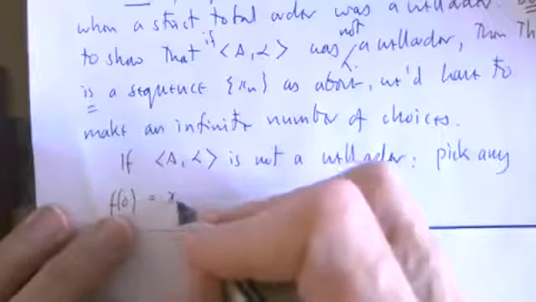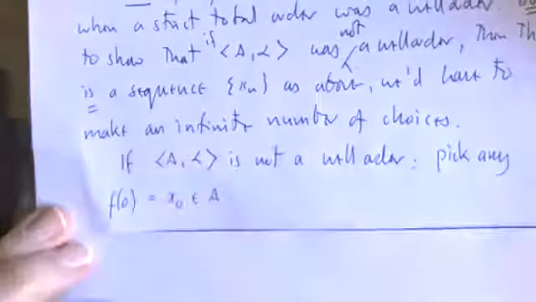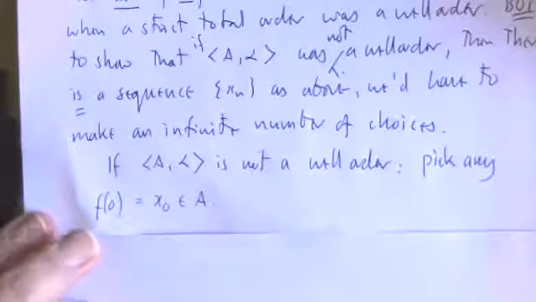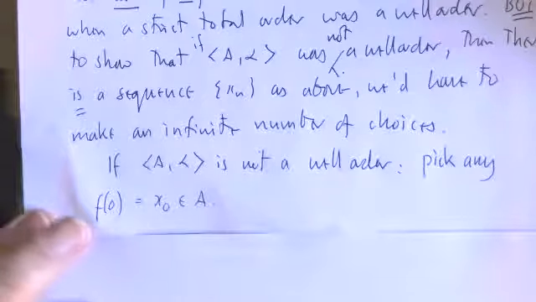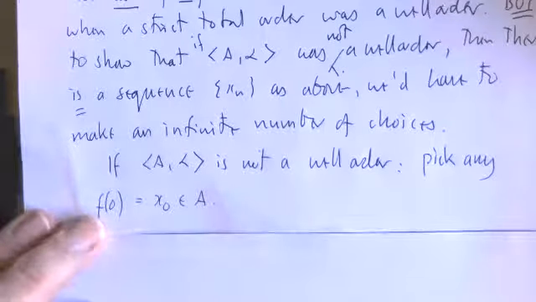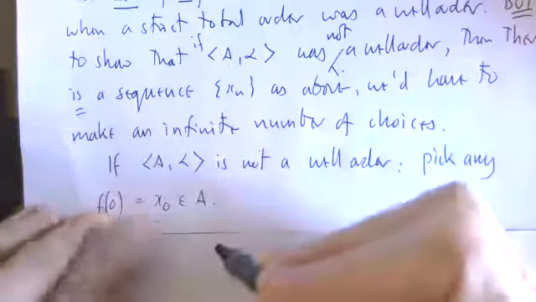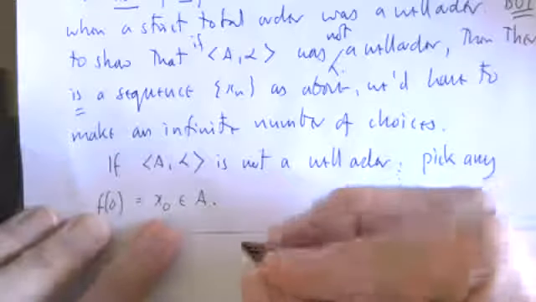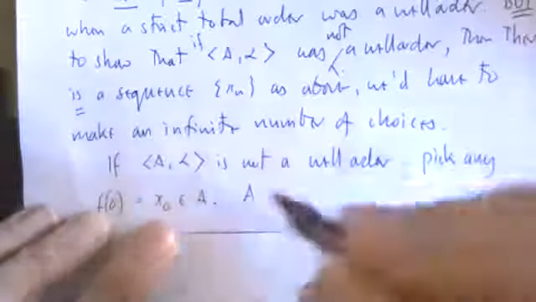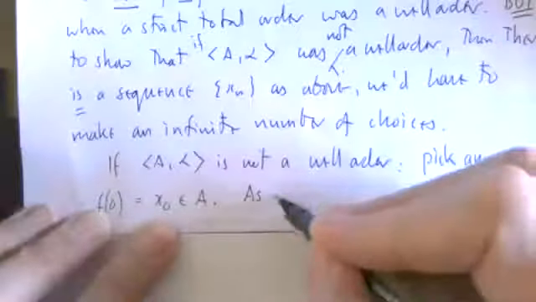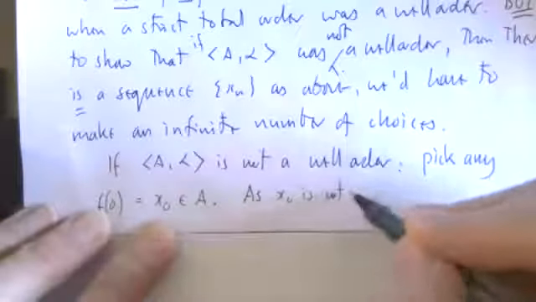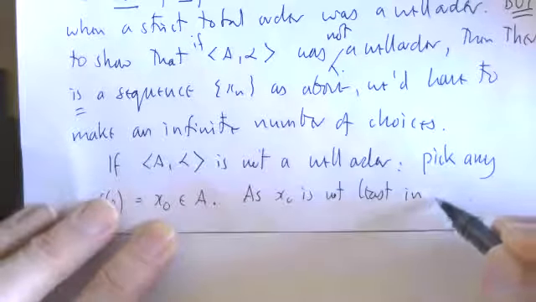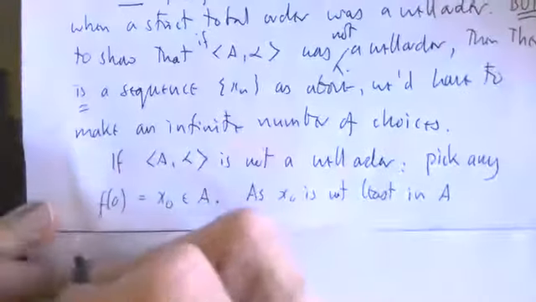I'd be picking f of 0 in X. Call that x0 in A. Suppose x0 is not least in A, then I'd pick something below it.